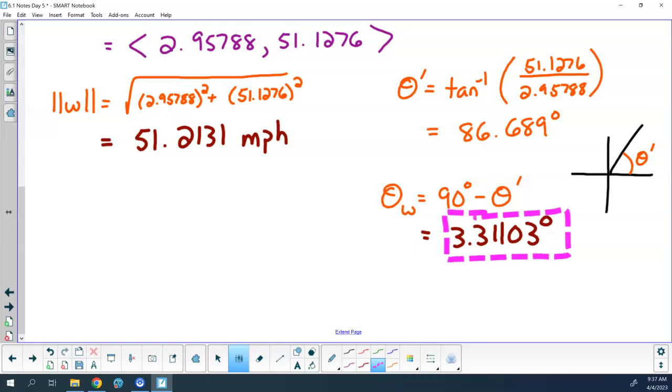So the wind is bearing 3.31 degrees at a speed of 51.21 miles per hour. Agree? Question?